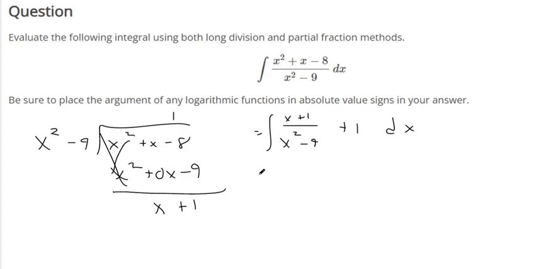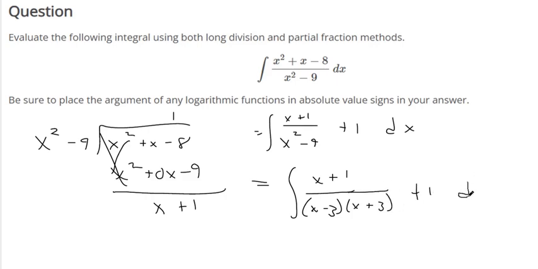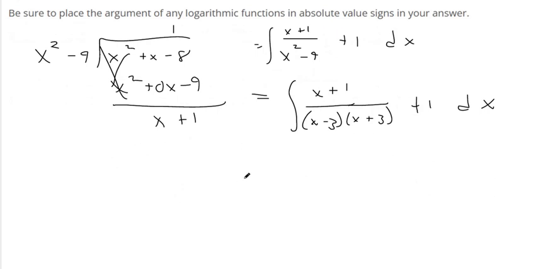Because look, the first thing you want to recognize is that the denominator can be factored: x minus 3 and x plus 3. And so here we probably have to do this off to the side.